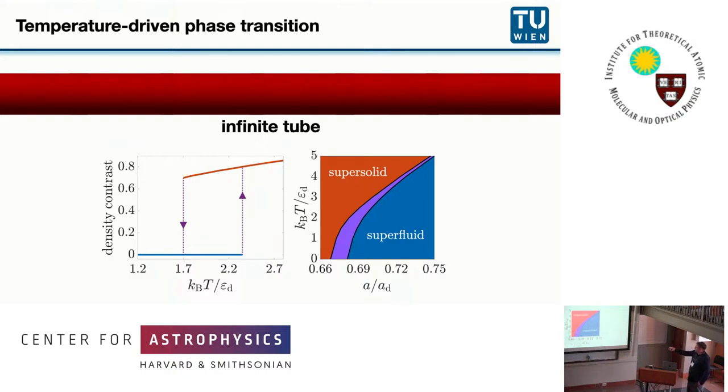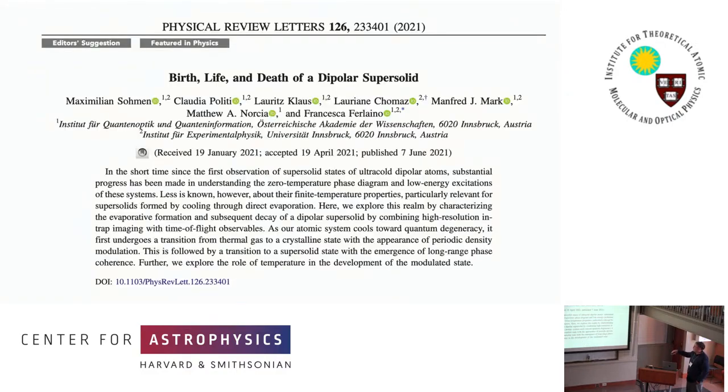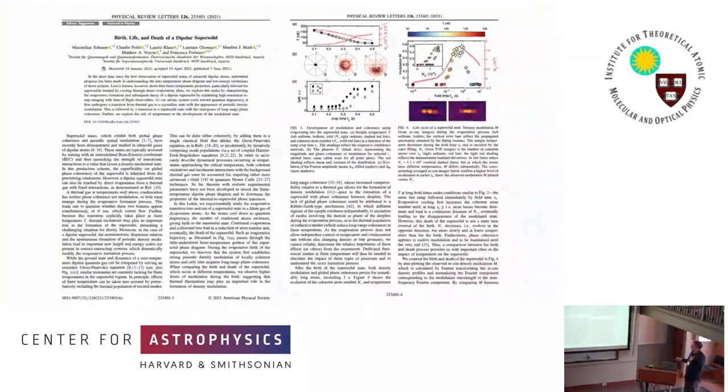So you could say there is a temperature-driven phase transition that takes you from a fluid to a solid, which at first glance is against what you would expect, at least in a strongly correlated system.